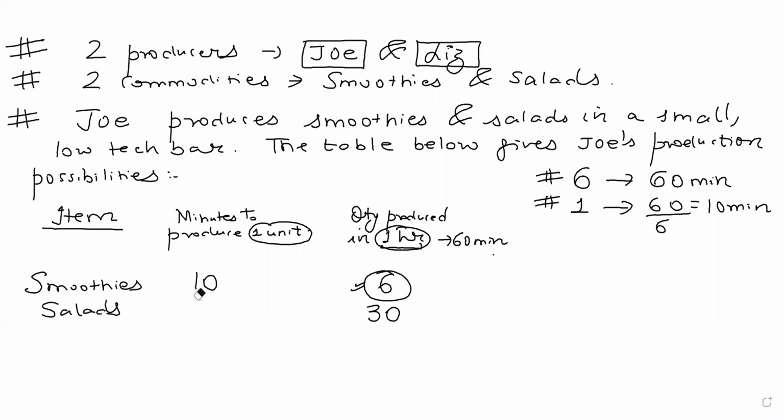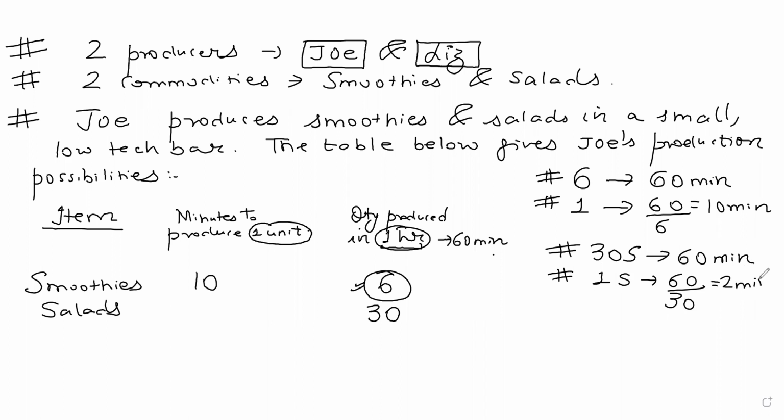Similarly, if Joey can produce 30 salads in 60 minutes, I can write S here so that students don't get confused. If 30 salads can be produced by Joey in 60 minutes, then 1 salad can be produced in 60 by 30, which is 2 minutes, let me correct myself.